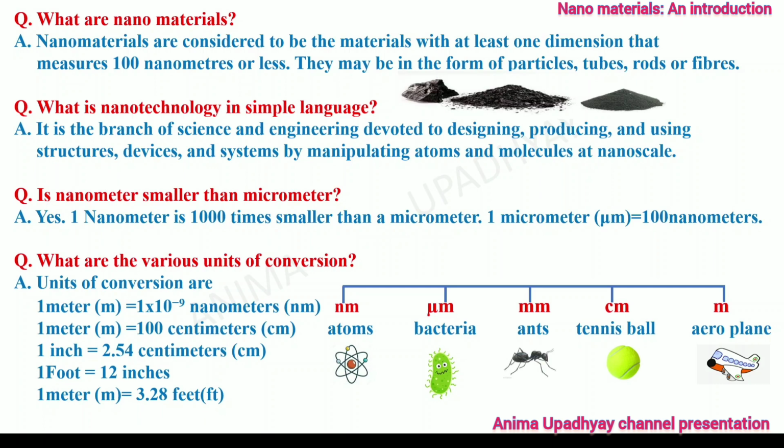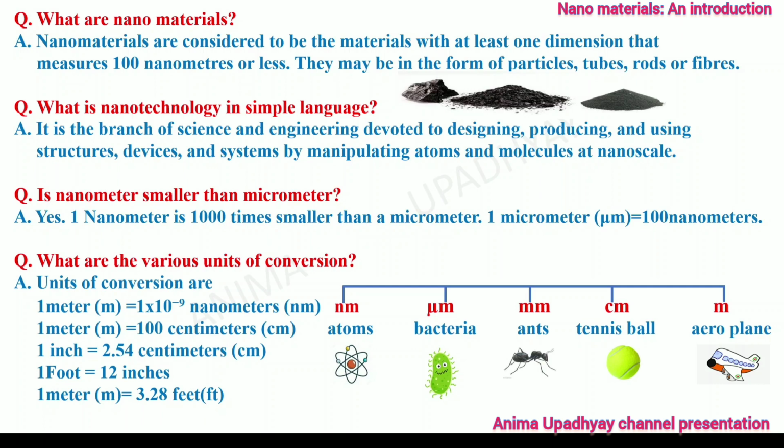Nanomaterials are considered to be the materials which have at least one dimension that measures 100 nanometers or less. They could be in the form of particles, tubes, rods or fibers. Then what is nanotechnology?